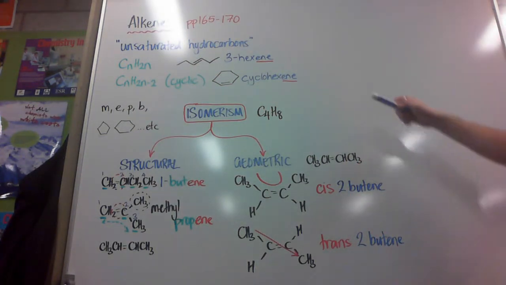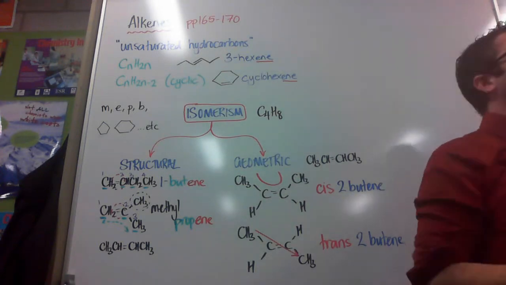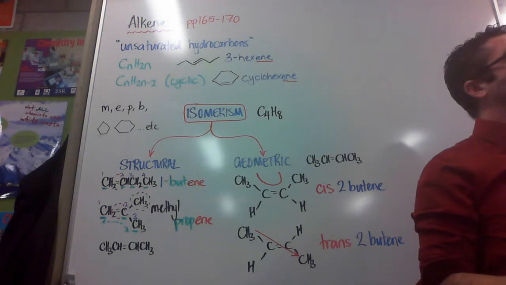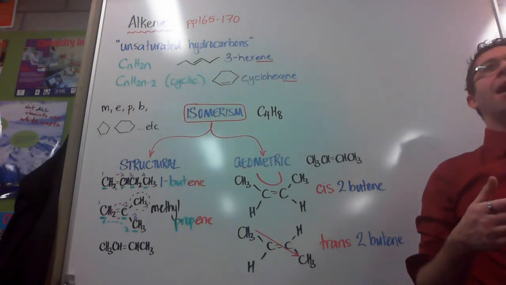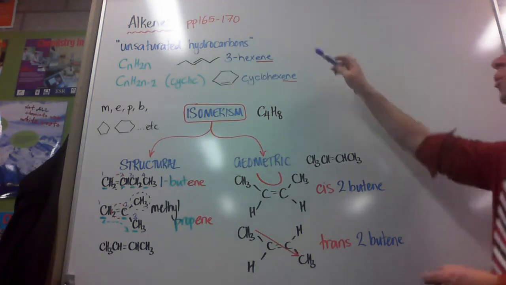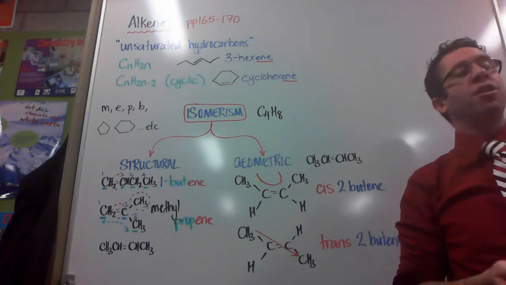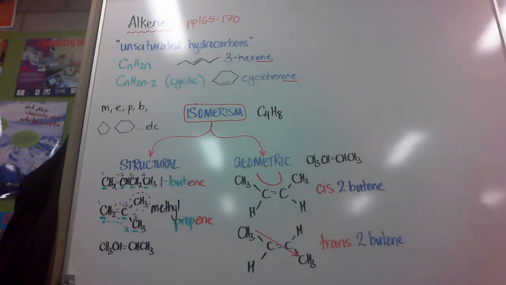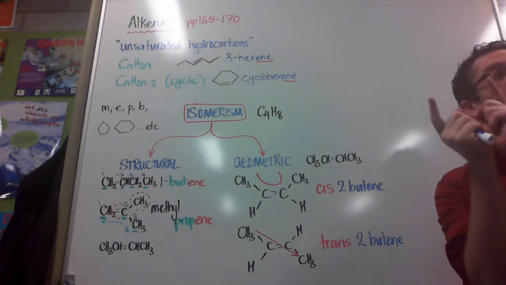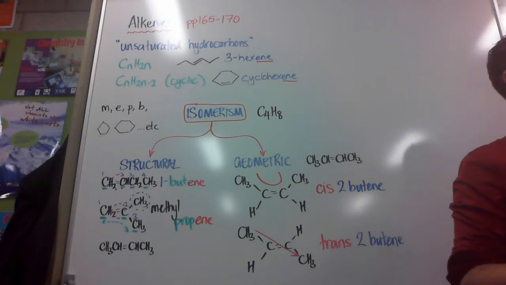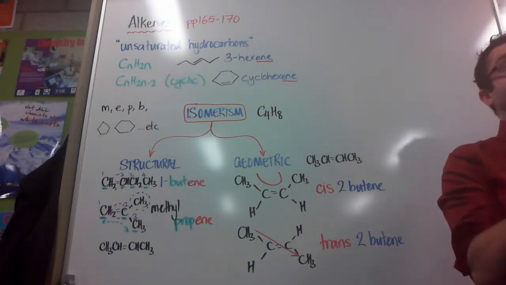Now you'll notice that I've underlined ENE in these. That's to help you with the naming of them. This is the suffix for anything with a double bond, and it doesn't matter how many double bonds it's got, you're always going to end in ENE. This year we'll only look at things that are monounsaturated, so one double bond only per molecule. So I'm not going to throw you what are called dienes or trienes and so on, where there's lots of double bonds.